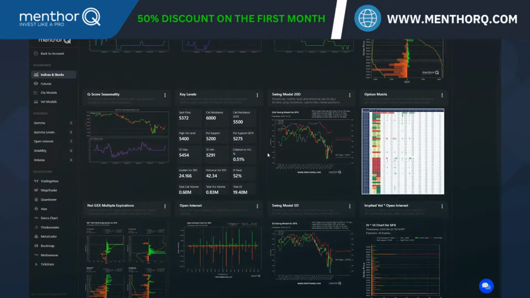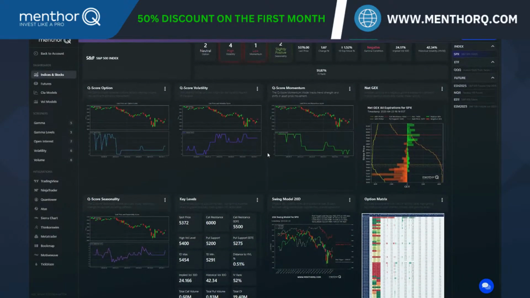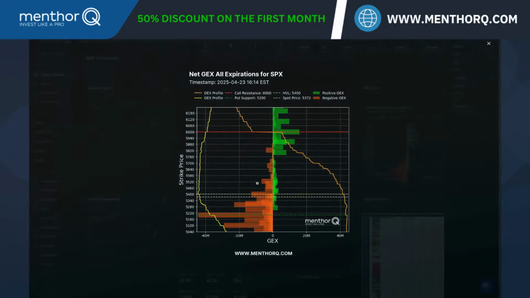Where is that? Okay. So here, call resistance happens to be 6,000. So you can look at that from a couple of different places to see key levels. This is another way of interpreting the data, and it's always nice when these things correlate.